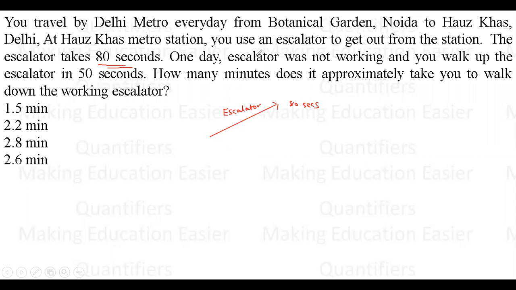And it is also given that one day escalator was not working and you walk up the escalator in 50 seconds. That means if escalator is not working, I mean the person alone is moving, right? Person alone is moving, then it will take 50 seconds.